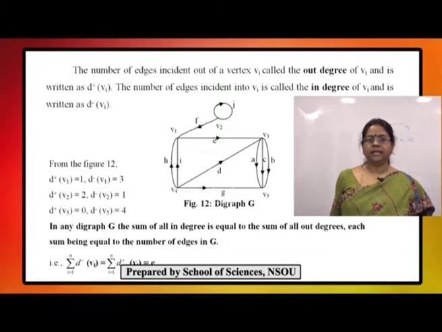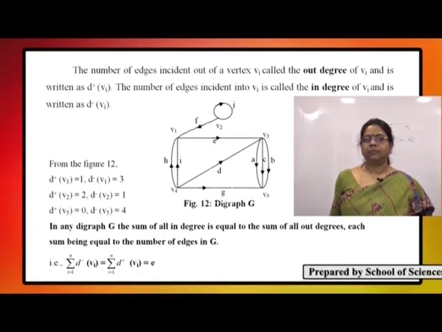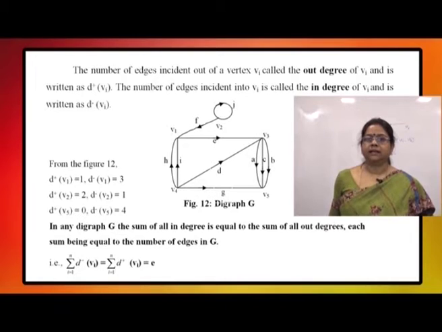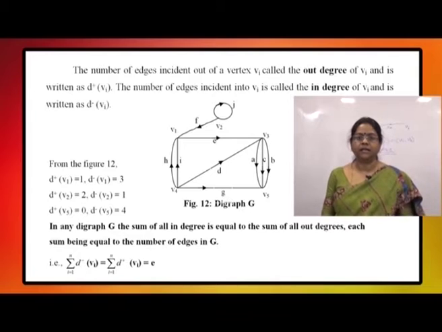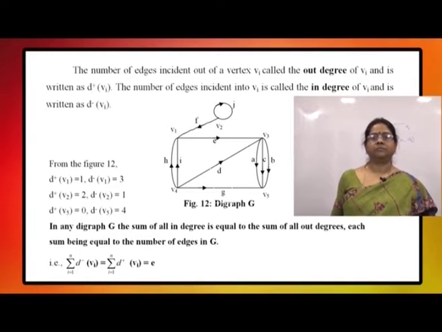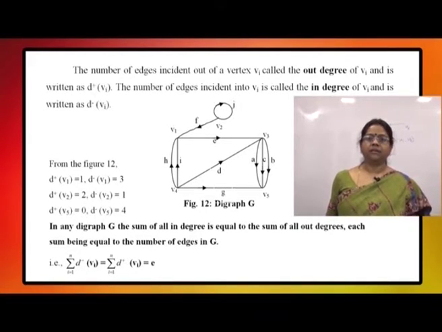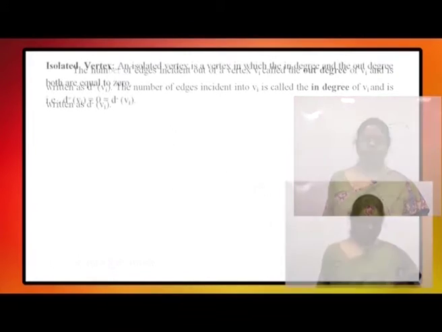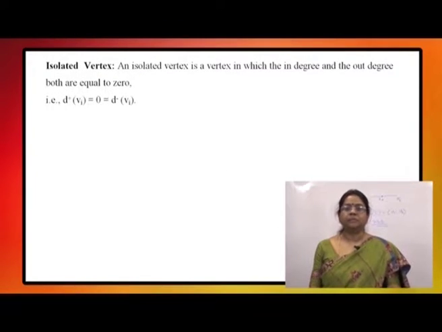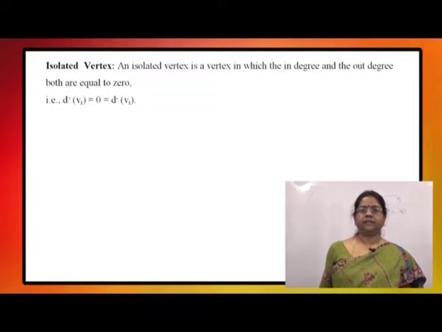So obviously in any digraph, the sum of all in degrees is equal to the sum of all out degrees, and each sum being equal to the number of edges E in G. So we get this equation, summation d minus Vi equal to summation d plus Vi equal to the number of edges E.